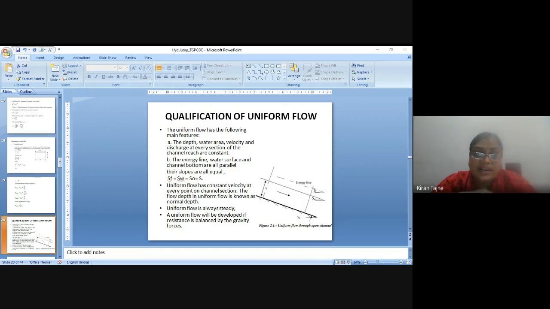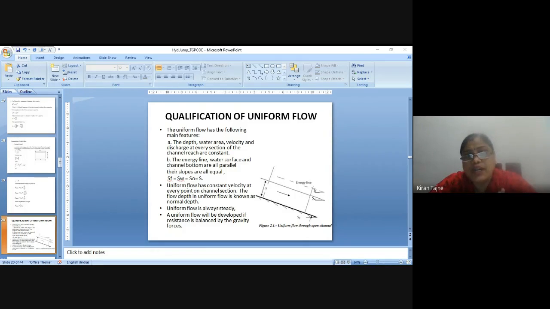If the water enters the channel slowly, the velocity and hence the resistance are small, and this resistance is balanced by the gravity forces. So this resistance will gradually increase until a balance between resistance and gravity force is reached.